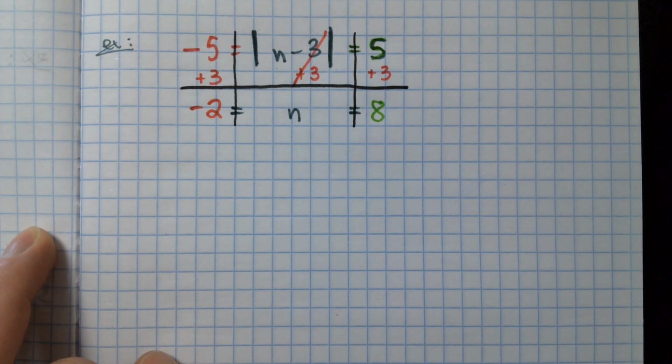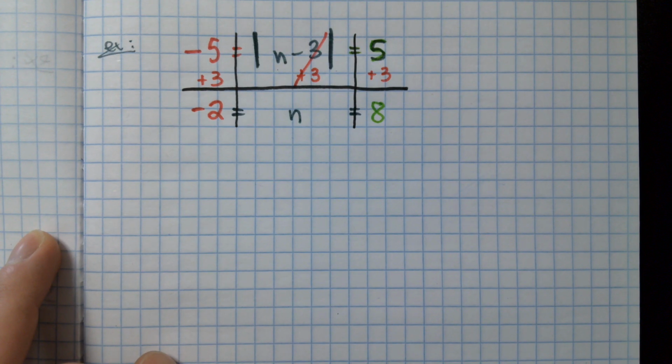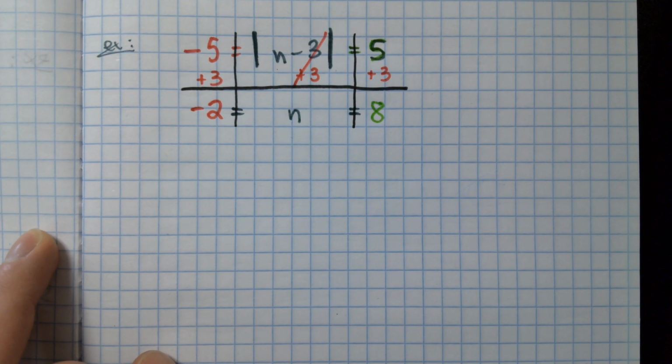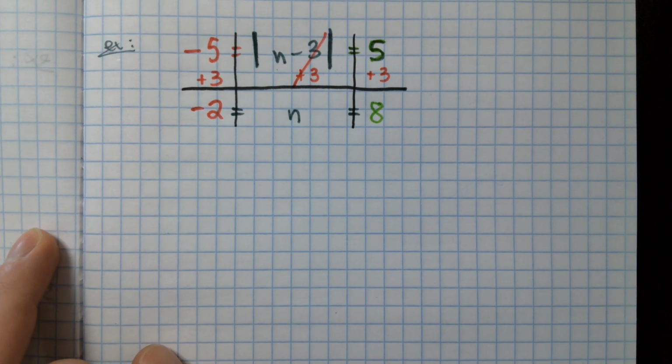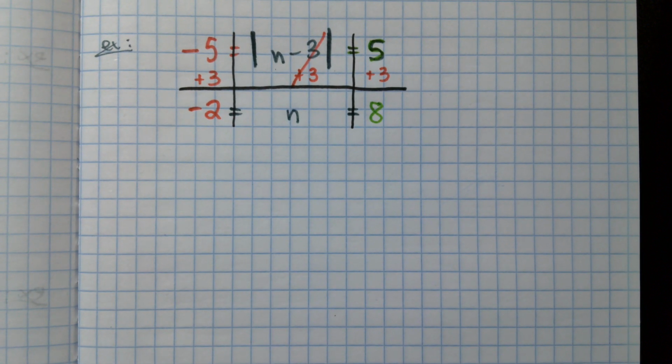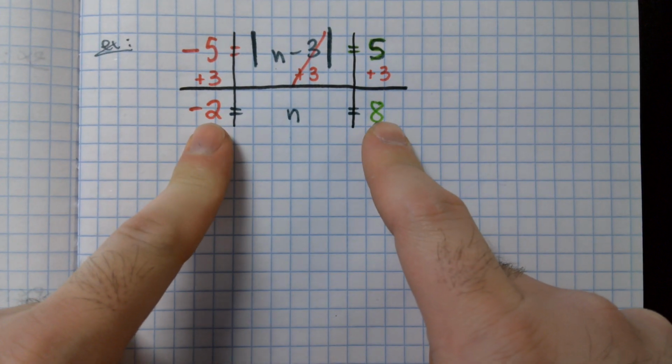So what I come up with is negative 2 is equal to n, which is equal to 8. How many solutions does this equation have? 2. That's right. So we talked about one, many, or none. This has 2. Negative 2 and positive 8.